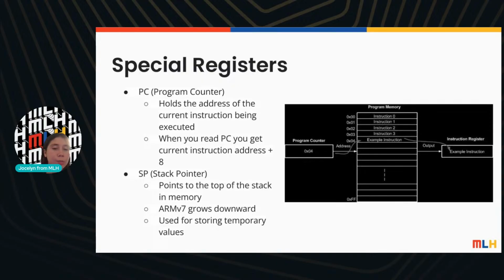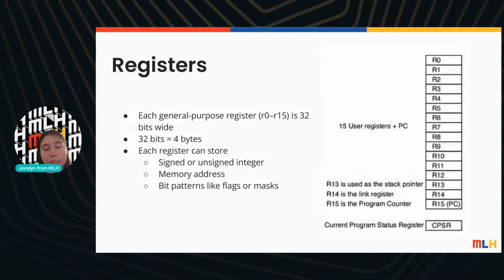It points to the top of the stack in memory, and it's also used to store temporary values. So if you want to store something that you don't want to keep, you can store it on the stack, using the stack pointer, which is a special register. If we go back here, we can see that the program counter is register 15, and the stack pointer is register number 13.